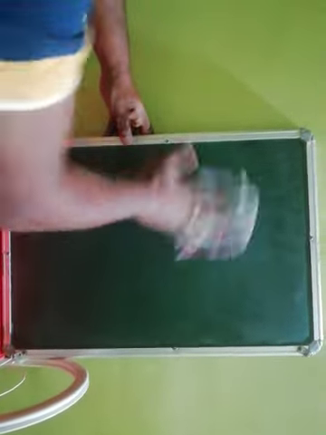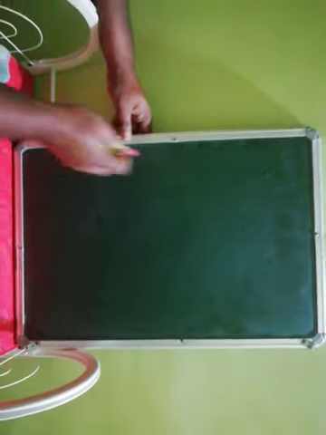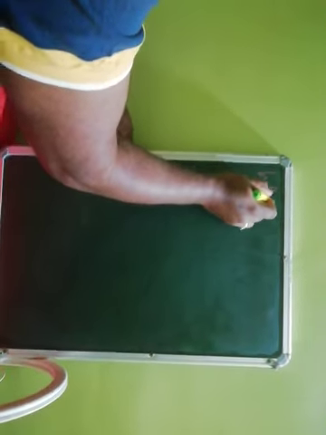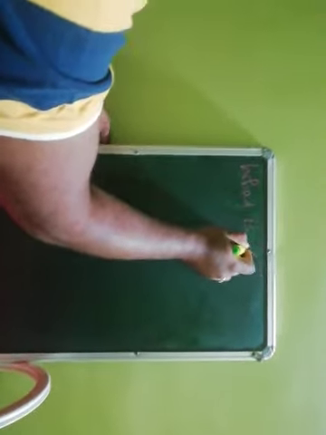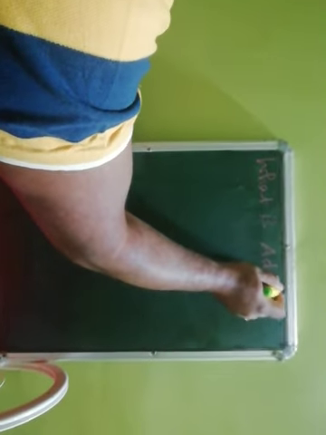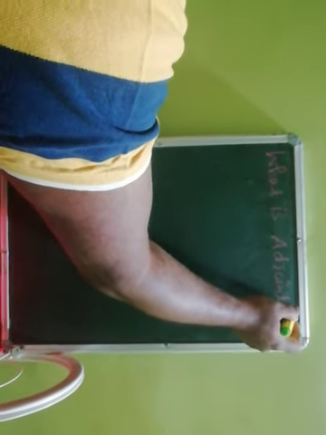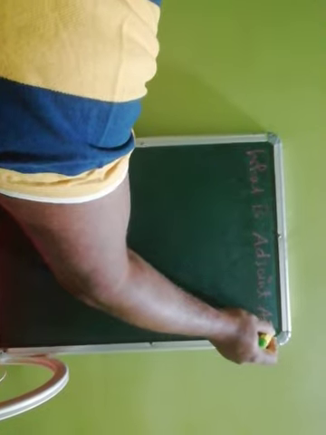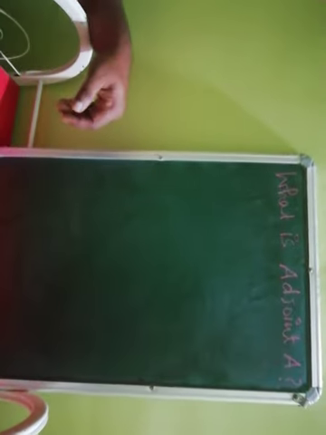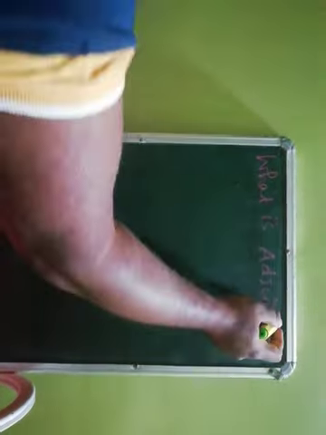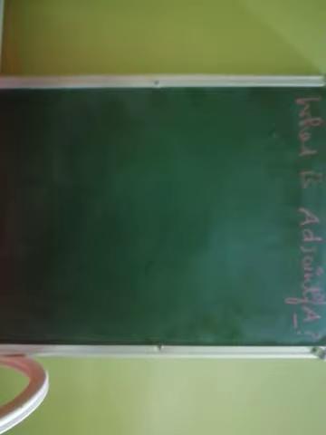Now first let us see what is adjoint of a matrix A. Suppose A is any matrix. Adjoint of A or adjoint A, that is the same thing.